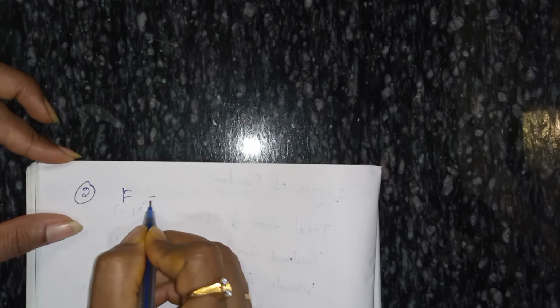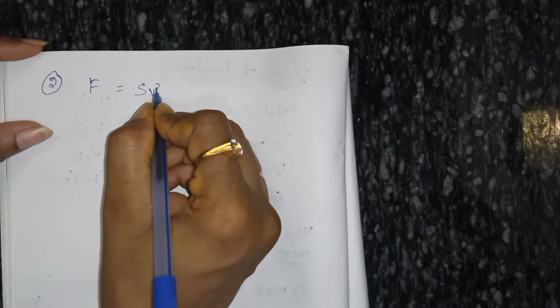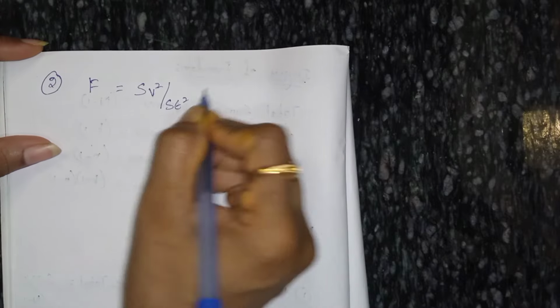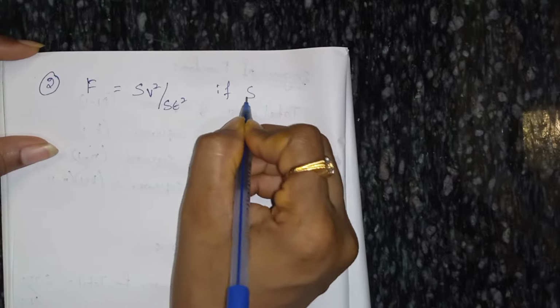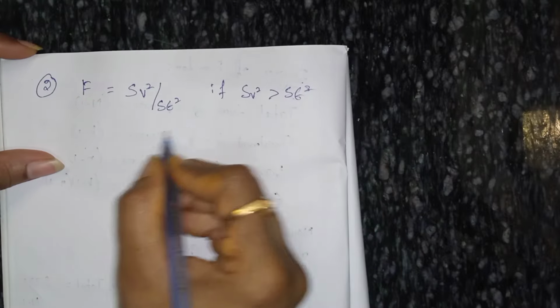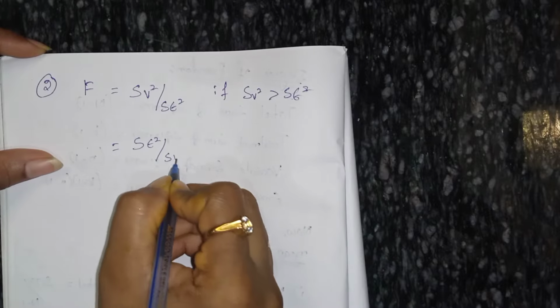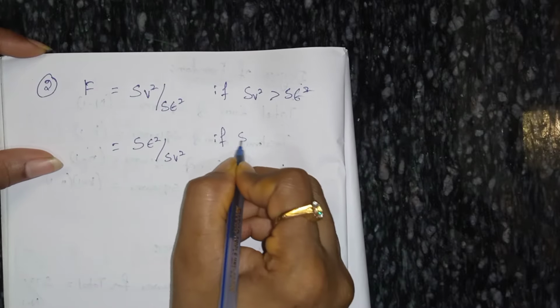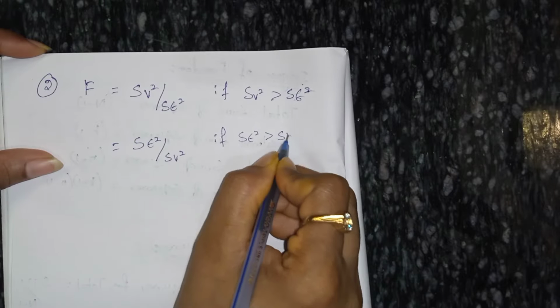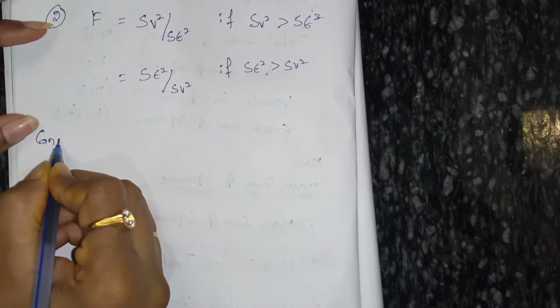So the second formula is F calculated equals SV square by SE square if SV square is greater than SE square, otherwise SE square by SV square if SE square is greater than SV square. Okay, so now conclusion. Two conclusions you will have.